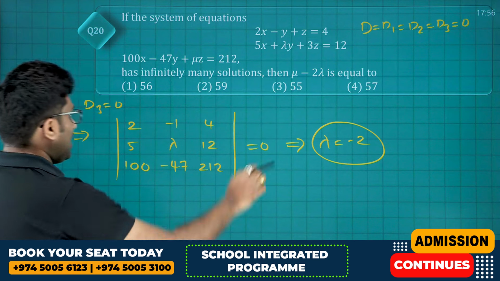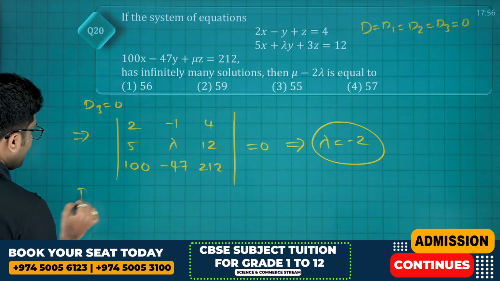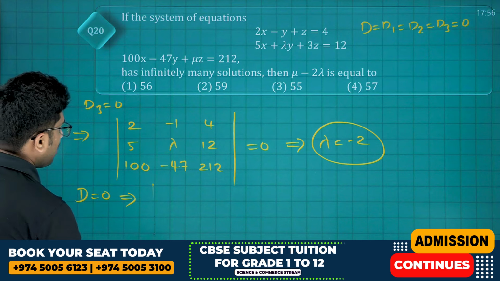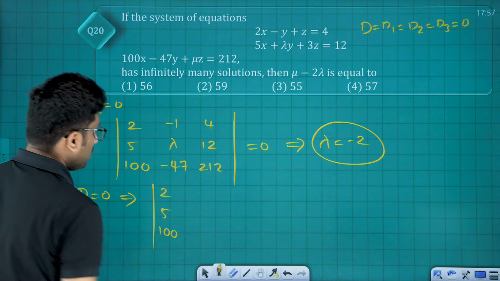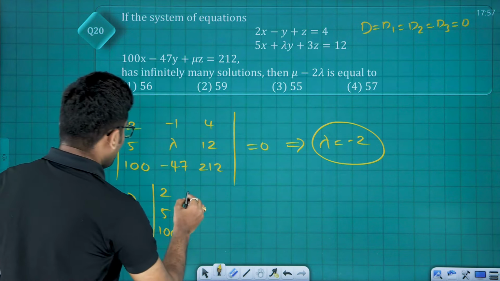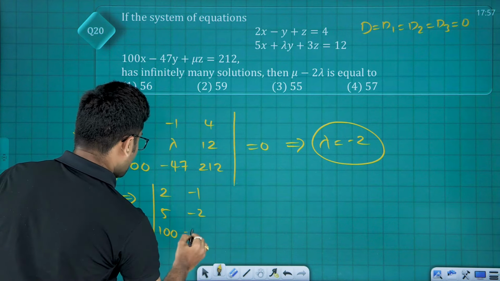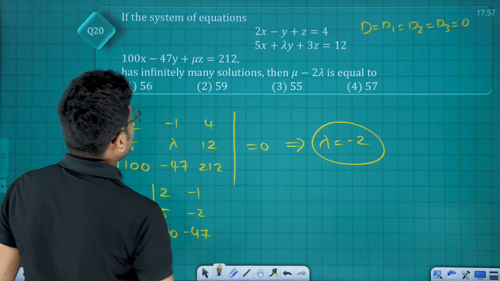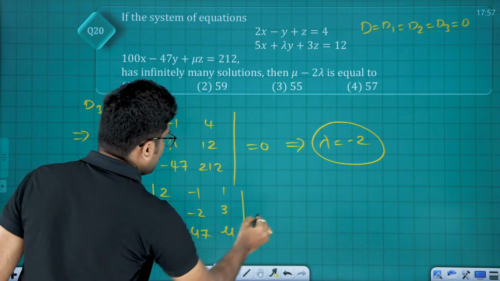Now we put lambda equals minus 2 and take capital D equals 0. What is D now? D will be the determinant with rows (2, 5, 100), (minus 1, minus 2, minus 47), and (1, 3, mu), equals 0.